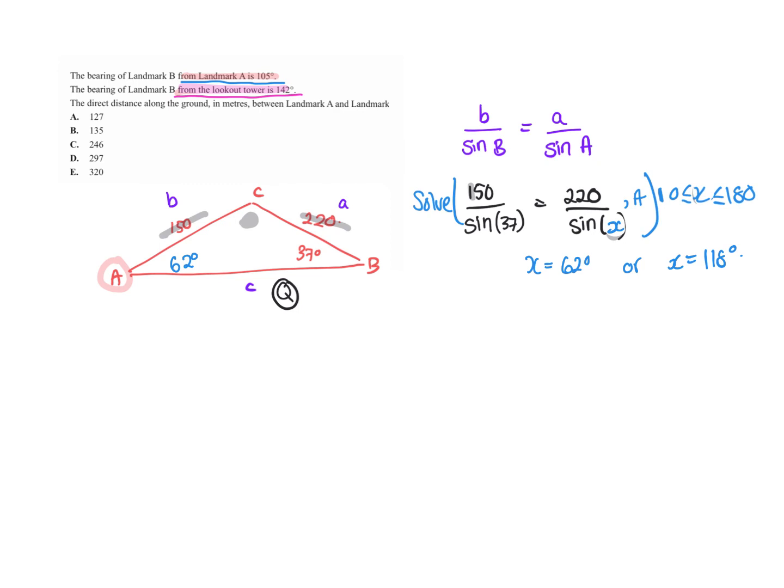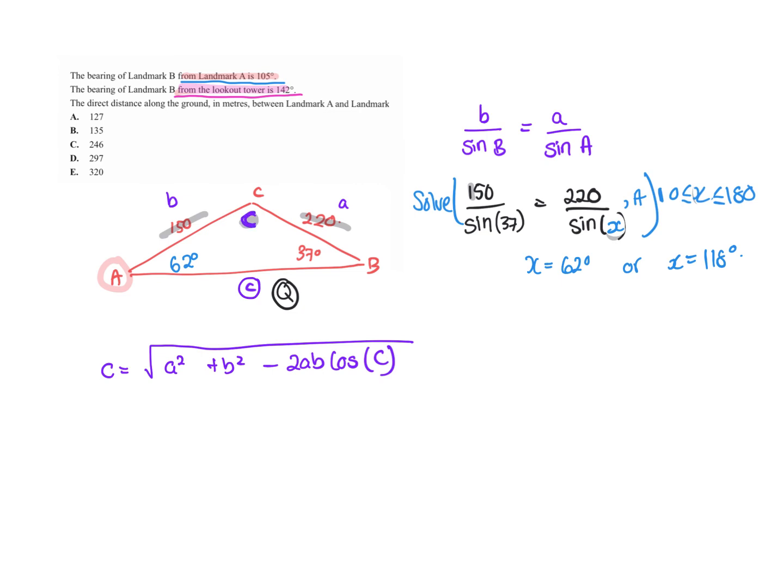And now, to find this side, I'll use the cosine rule. I'm wanting to find little c, and if I follow through my formula sheet, it'll be a squared plus b squared minus 2ab cos angle C. So actually I haven't found angle C yet.